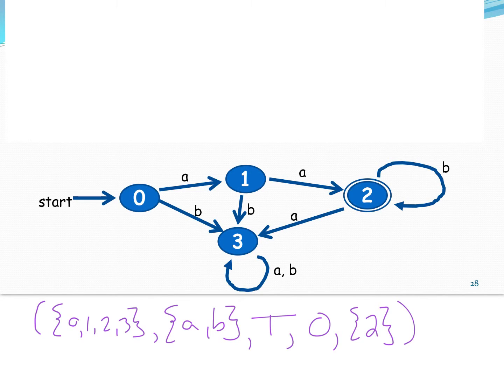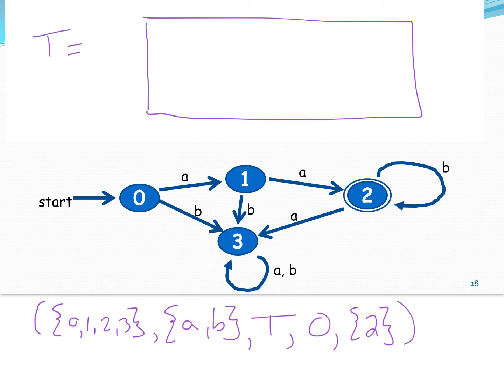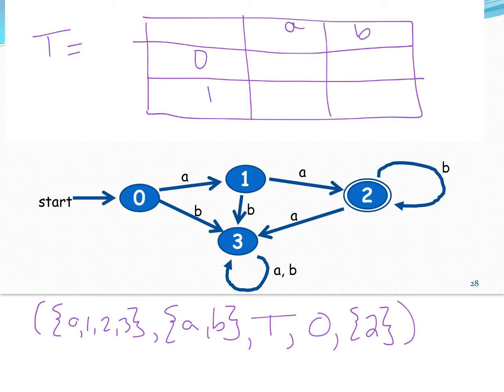So here's a bit more space where we can write it. So make sure you say my transition table equals, and let's see. Our alphabet is A and B, and we have states 0, 1, 2, 3.